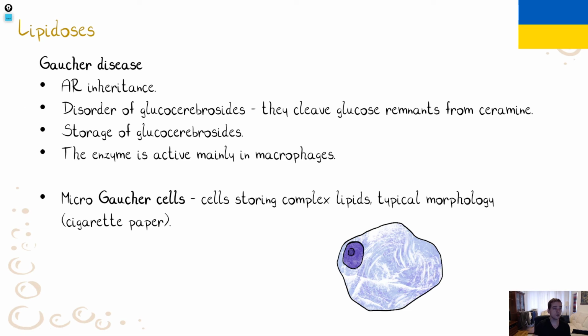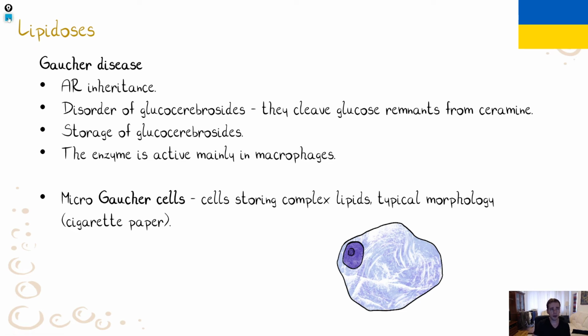The inheritance of Gaucher disease is autosomal recessive, and this is a disorder of glucocerebrosidase, which is the enzyme that cleaves glucose remnants from ceramide. So there is a storage of those glucocerebrosides. The enzyme is active mainly in macrophages, which means that mainly organs of reticuloendothelial system will be affected.